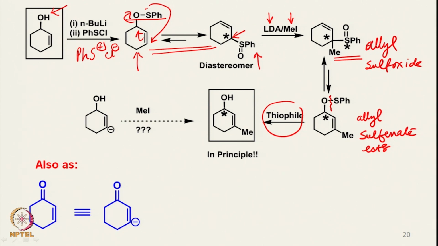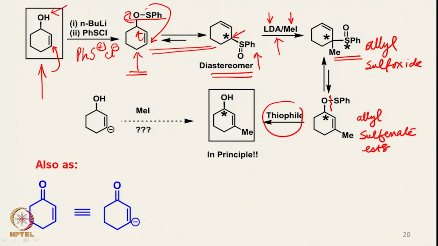So now what we have done is we have started with this allyl alcohol, which was not having a substitution at this center, but we made the allyl sulfenate ester here, which was in equilibrium with the allyl sulfoxide. Now we have generated an acidic proton alpha to the sulfoxide, did the deprotonation here, used methyl iodide as an electrophile, but one can use any other electrophile.